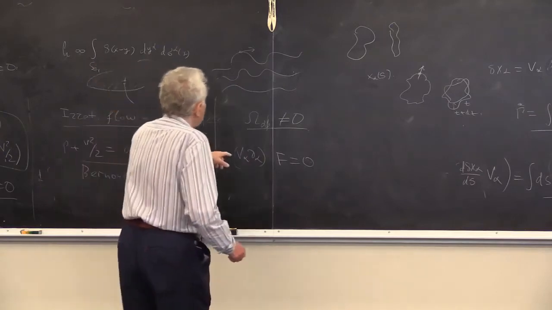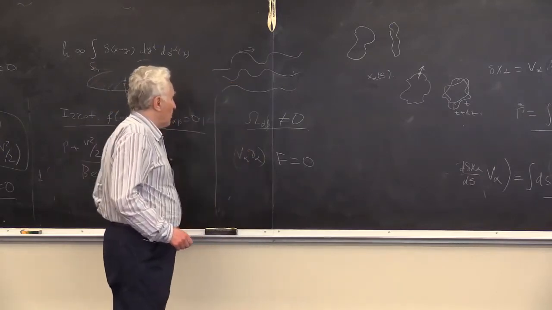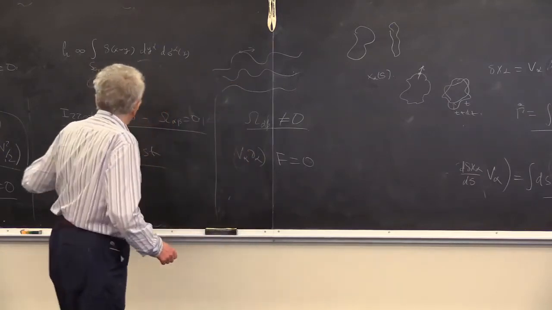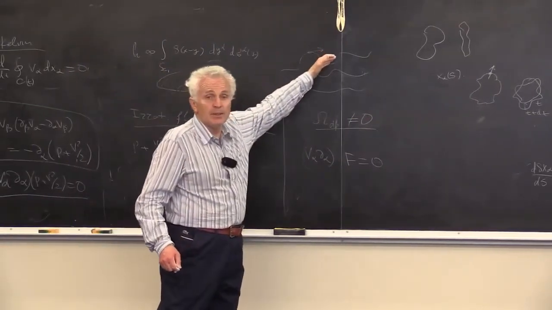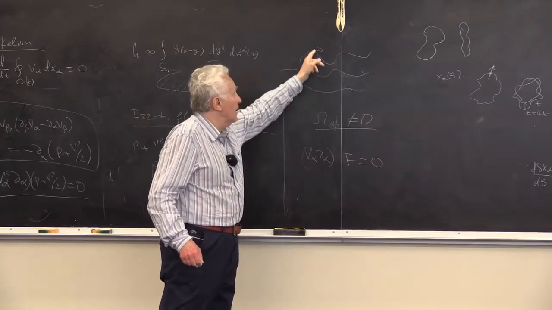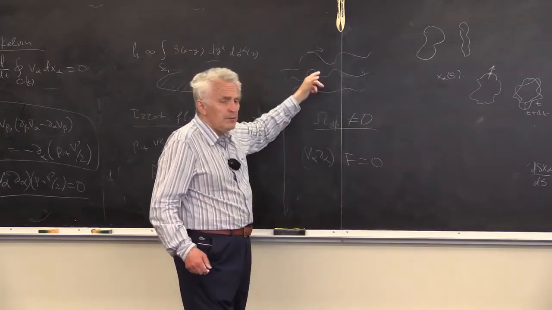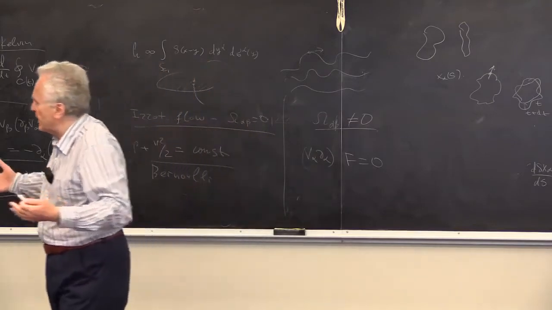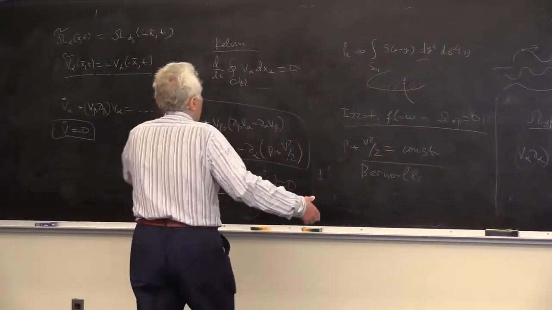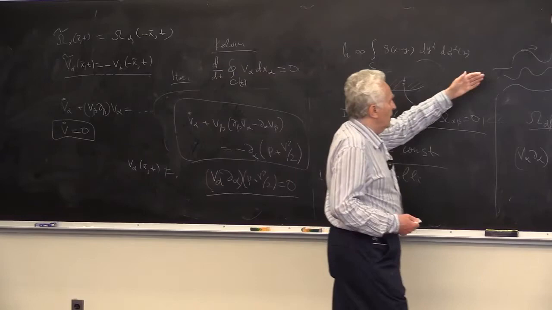This equation means that the Bernoulli combination along each streamline is constant. It may be different between different streamlines, but on each streamline it is constant. It's a weaker statement than in irrotational flow.